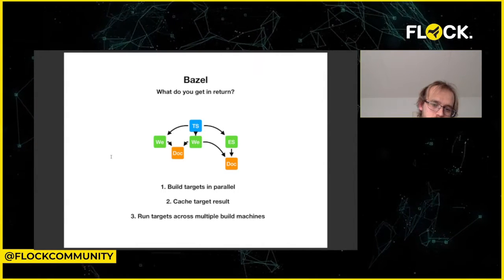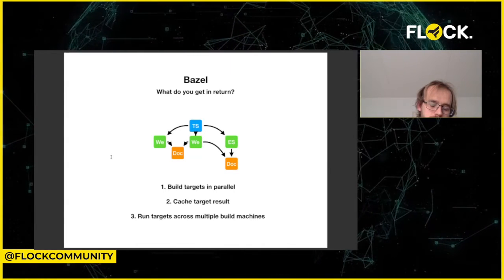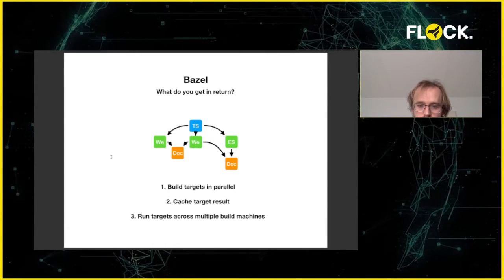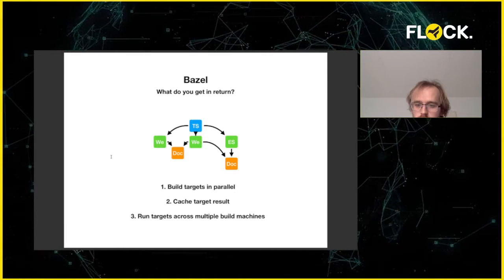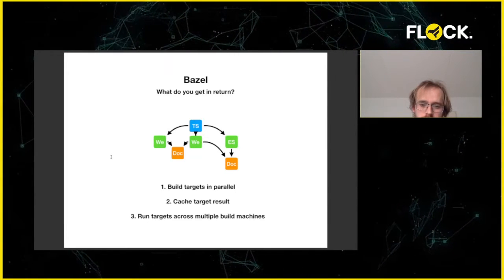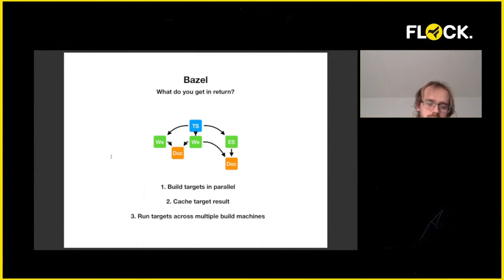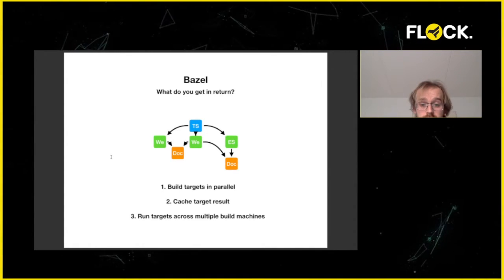Since we have been so strict in specifying all the input files, we can say, well, we have this sandbox that we talked about earlier, where we copy all the input files to. You can also say, well, this sandbox doesn't have to be on the same machine as when we started. No, it doesn't.